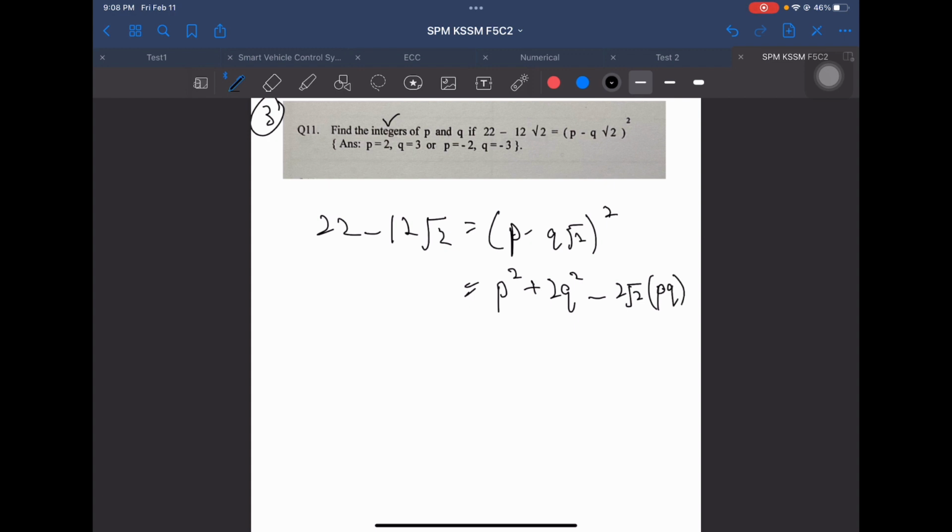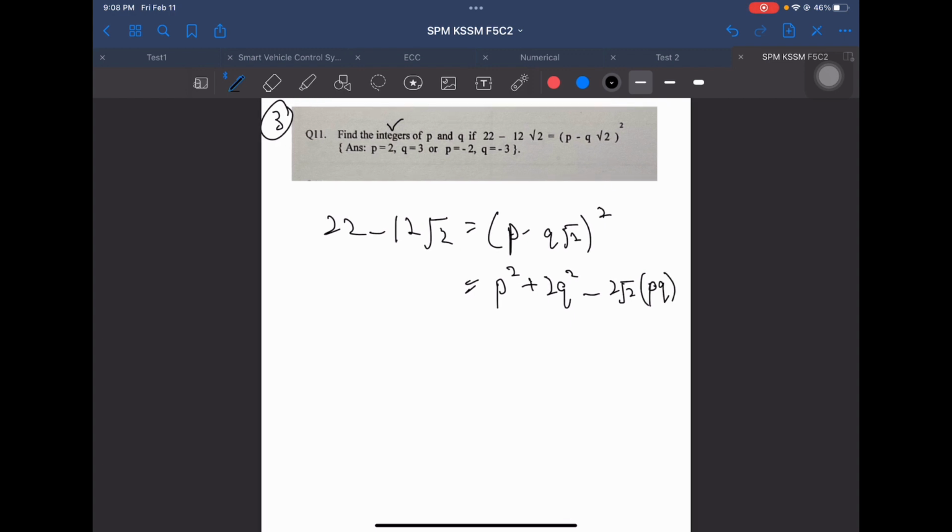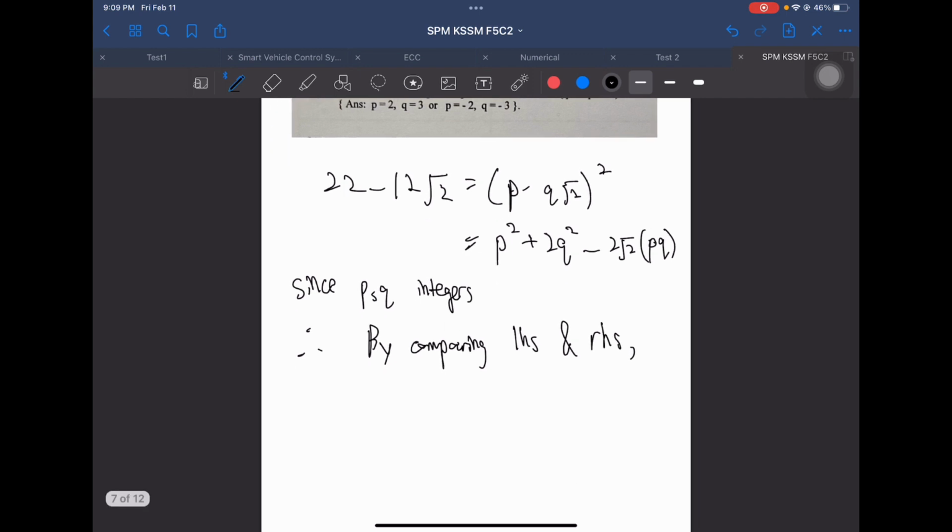Okay, since p and q are integers, by comparing the left hand side and right hand side, you get 22 equals p squared plus 2q squared, which is the first equation.